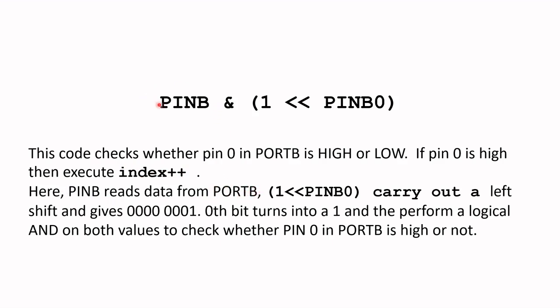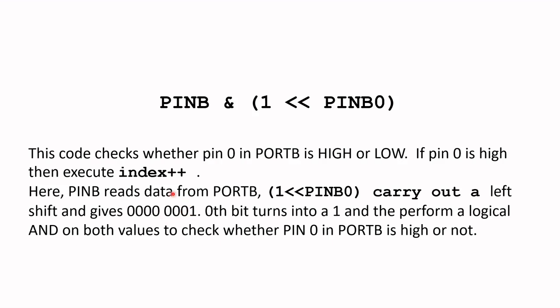All right, so basically this will read from port B, and this here, if you're not familiar with it, is a left shift, which gives, when this is executed, I split it up into bits: 0, 0, 0, 0, 0, 0, 0, 1.